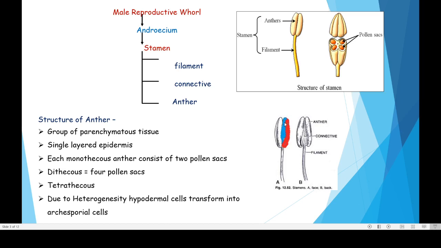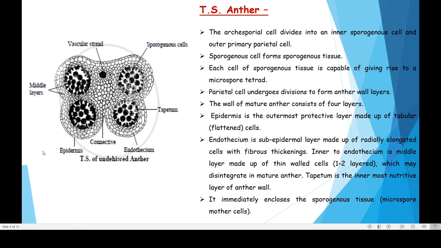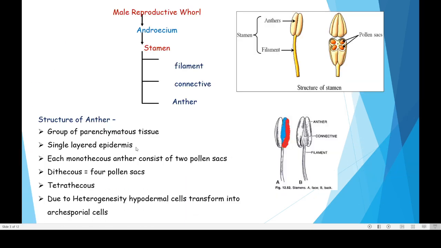These are known as thecae, and this structure is known as monothecous. Where two anther lobes are there, the structure is known as dithecous. Here, like 1, 2, 3 and 4 thecae are present, so the structure is known as tetrathecous. That means 4 thecae are present, as tetra means 4.